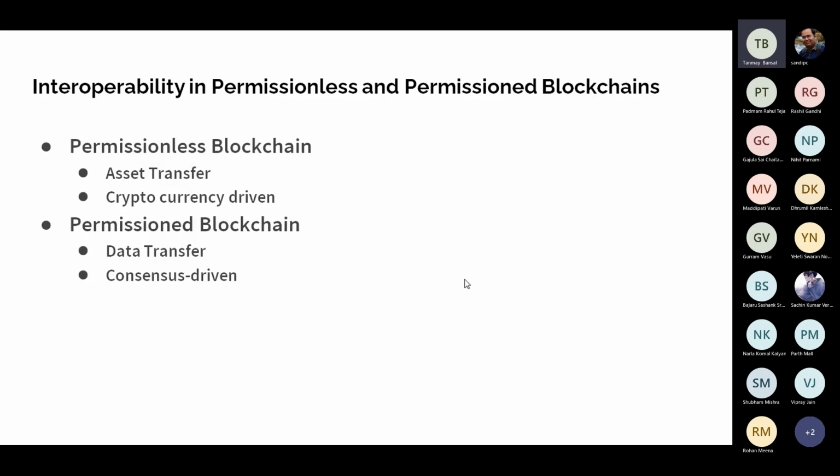Or say we have a blockchain where the JEE Advanced or GATE results are published. Now if these are published, then when it comes to admission, the IIT system has some admission procedure for GATE. So there is a common admission, or for JEE also we have a common admission procedure.